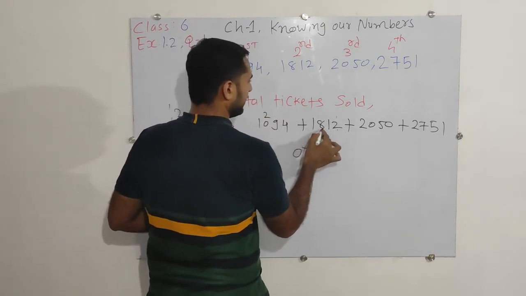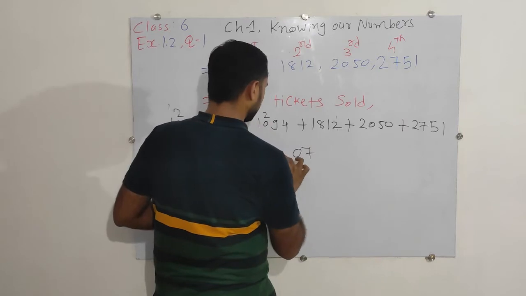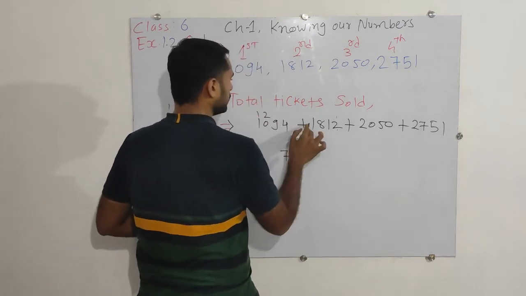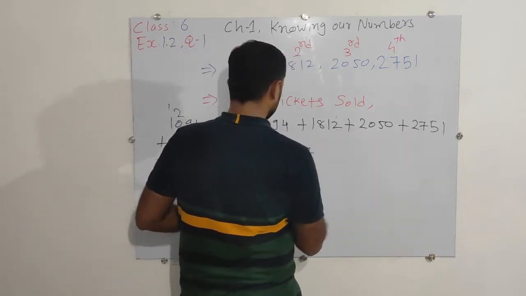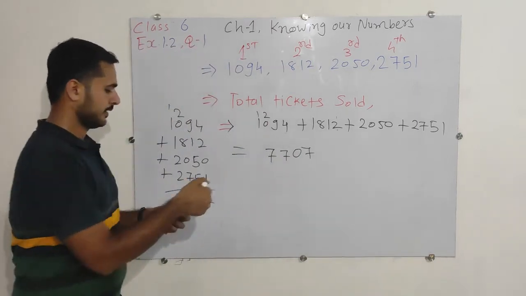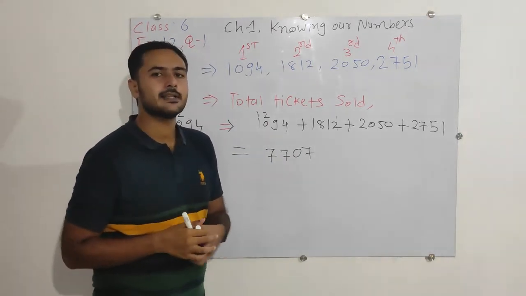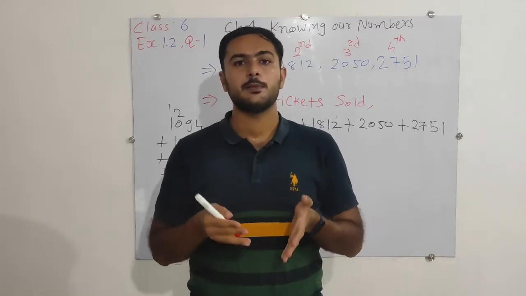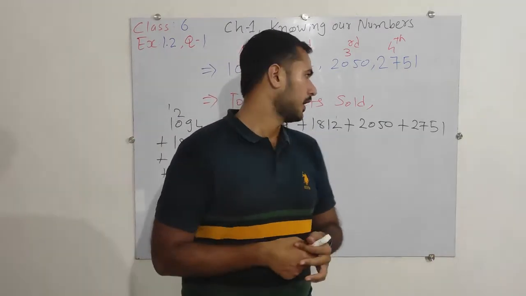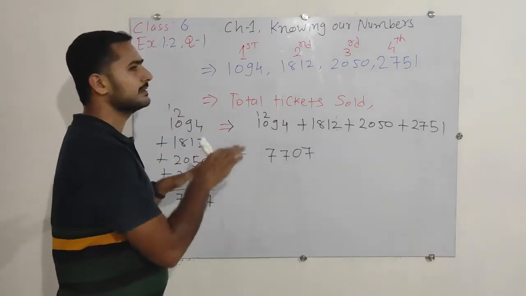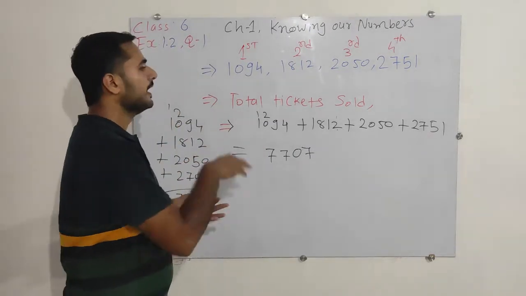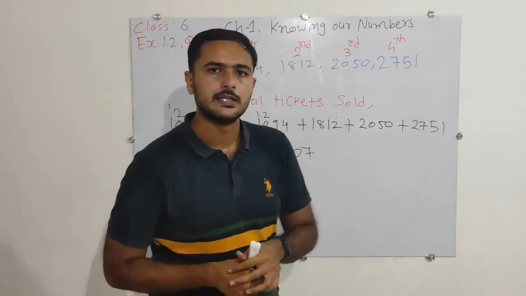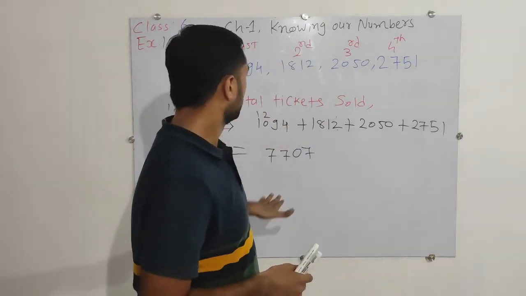Now 2 and 8, 10, 10 and 9, 7, 17, 1 carry, 1 and 2, 3, 5 and 2, 7. See, in both ways we get the same answer. Which you prefer depends on you, because the process is the same, just the visualization is different. Now just pause the video and note it down.